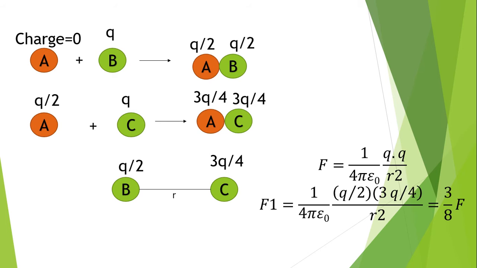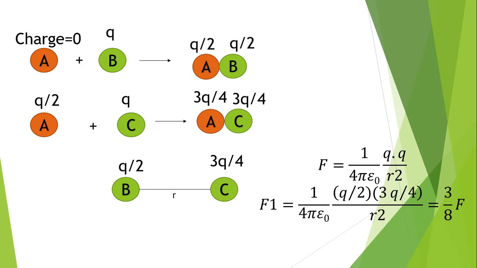Finally they are separated, and we again find the force between charged bodies B and C separated by the distance R. We know that the Coulomb force acting between two point charged bodies is F equal to 1 by 4 pi epsilon naught Q1 Q2 by R square.